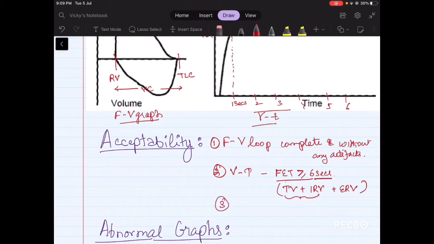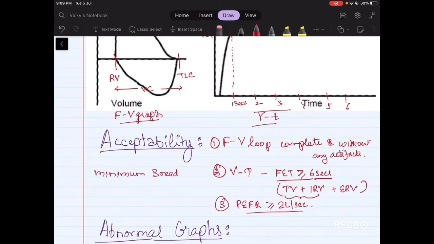And third, some authors believe that the end expiratory flow rate should be more than or equal to 2 liter per second, right? Other than that, other things are also there. For example, you should take a minimum of 3 readings.